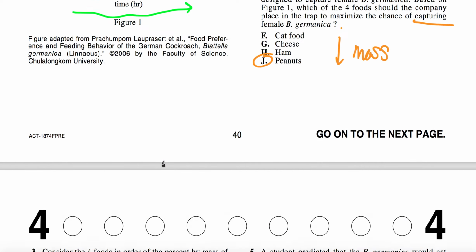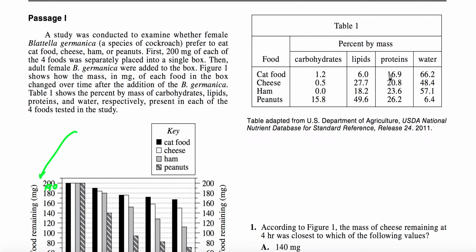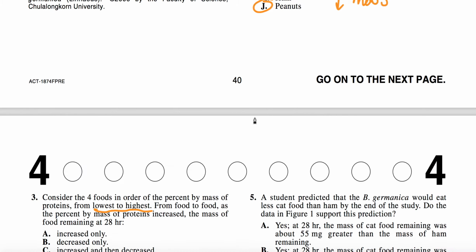So cat food would be the lowest, then next lowest, third lowest, fourth lowest, or the highest here. That would be how we rank it: cat food, cheese, ham, peanuts.